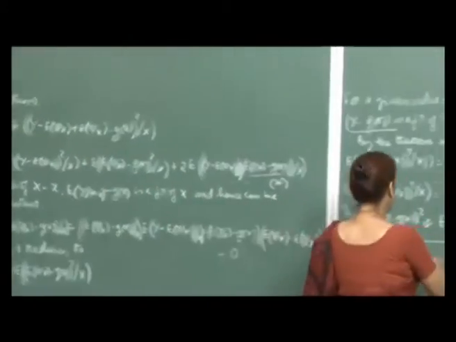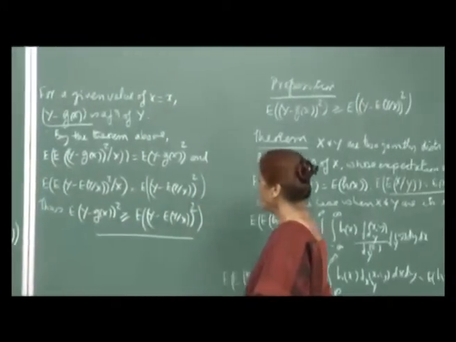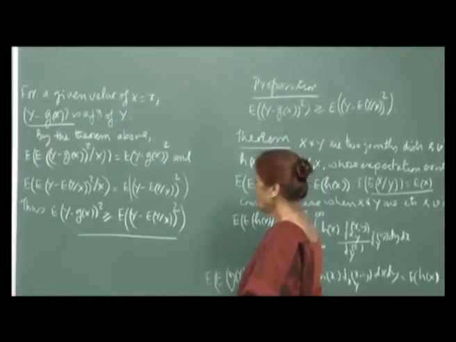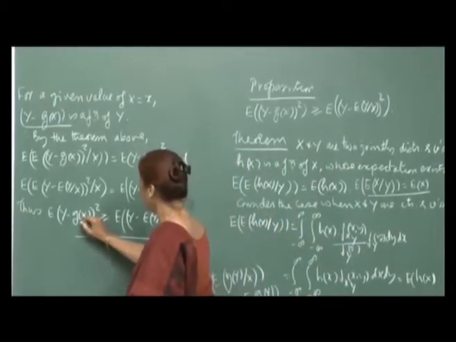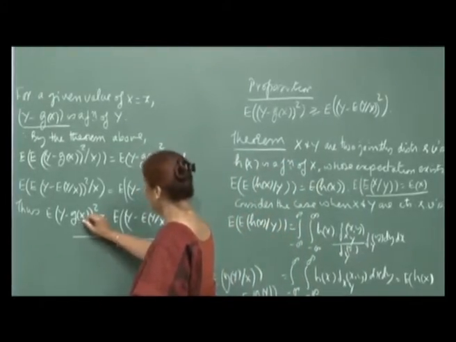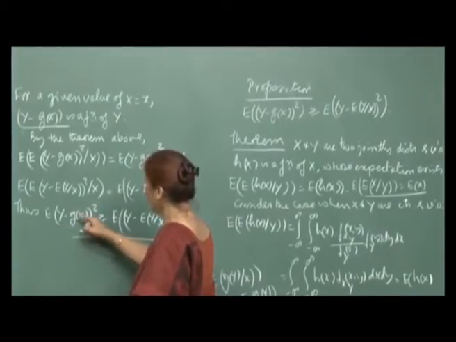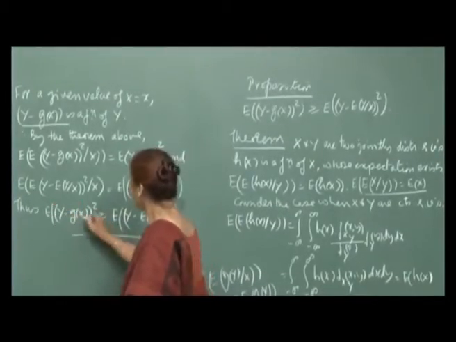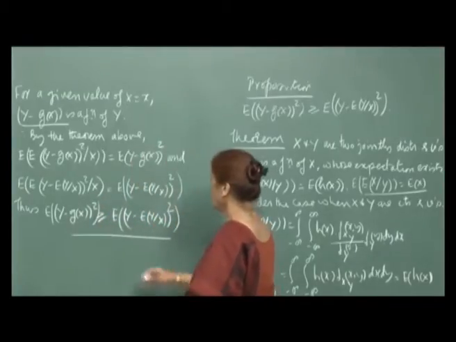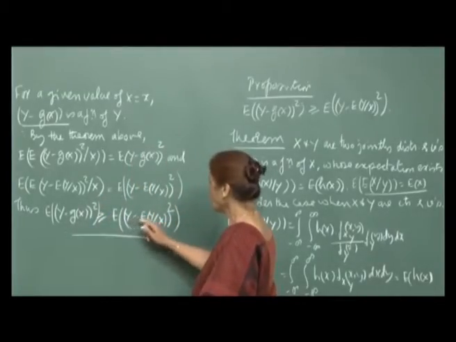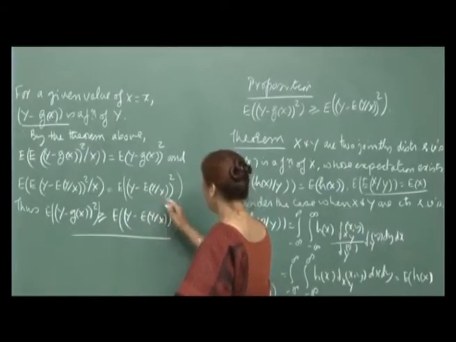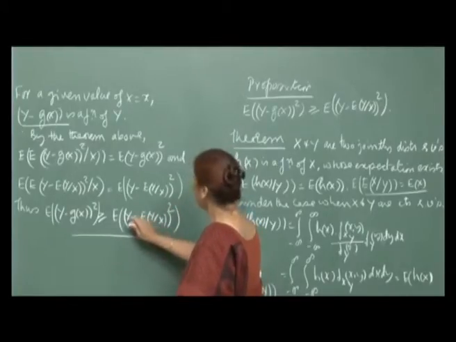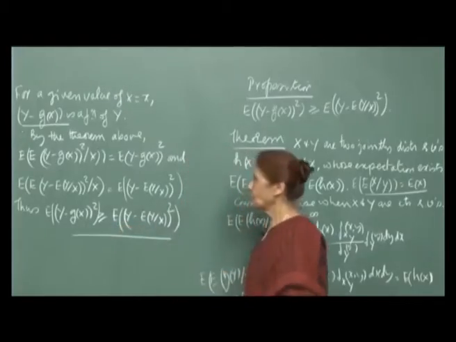Therefore, my equality will convert into an inequality, and this is what we are trying to prove: for any function g of x, the expectation of (y minus g(x)) whole square will always be greater than or equal to the expectation of (y minus expectation of y given x) whole square. So, this is what we wanted to prove.